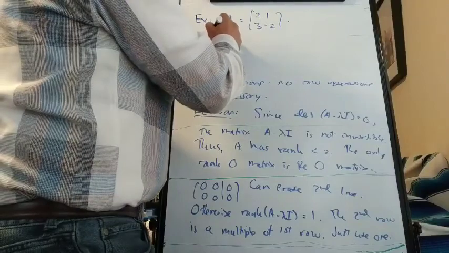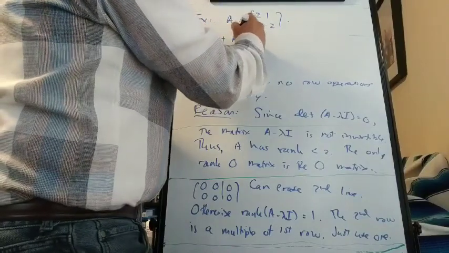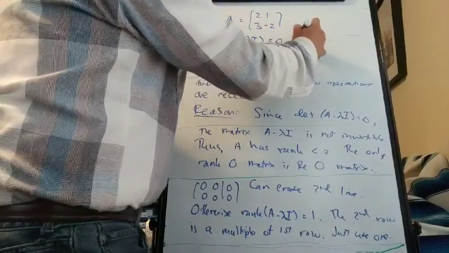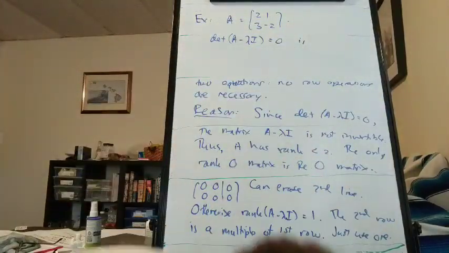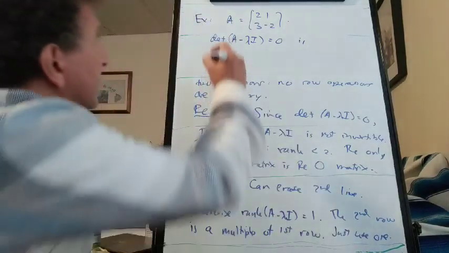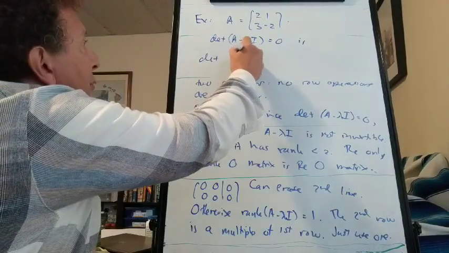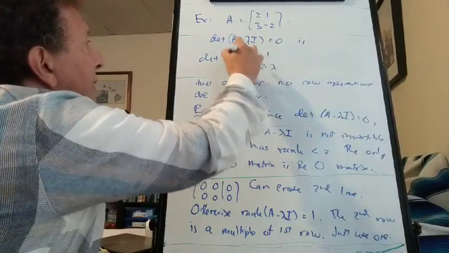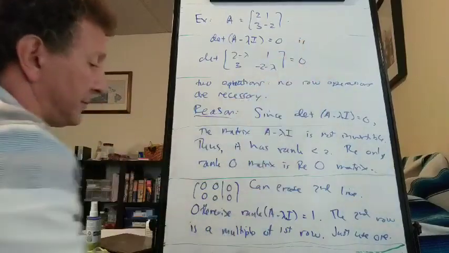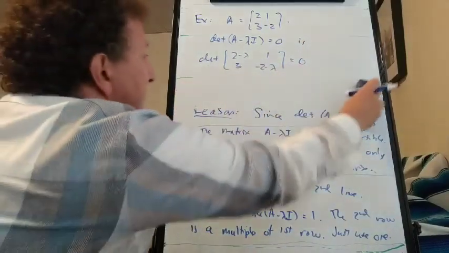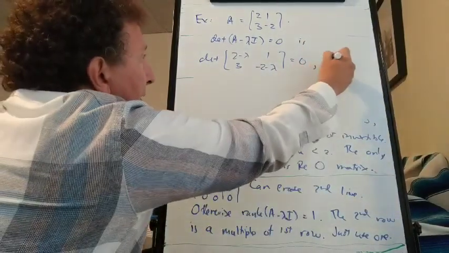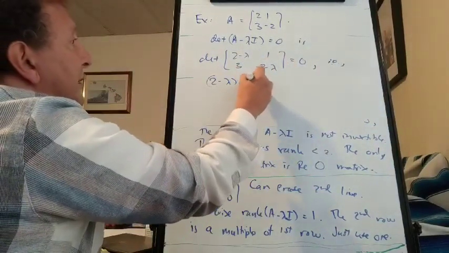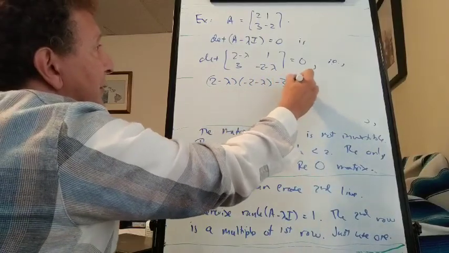So determinant A minus lambda I equals 0 is determinant of 2 minus lambda, negative 2 minus lambda on the diagonal, 1, 3, equals 0. And that is 2 minus lambda times negative 2 minus lambda minus 3 equals 0.